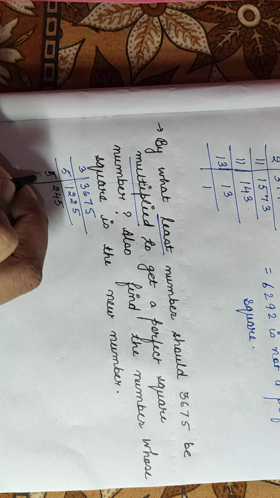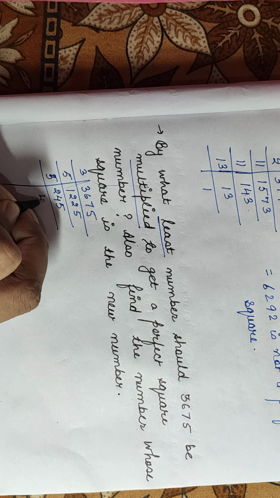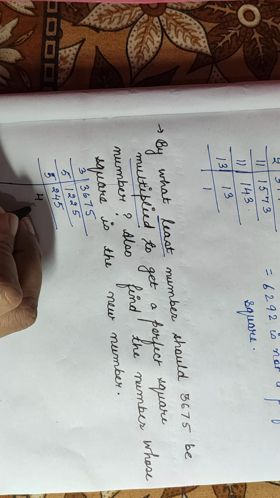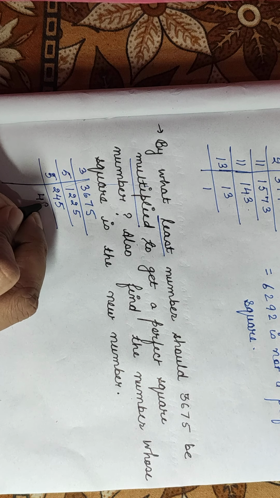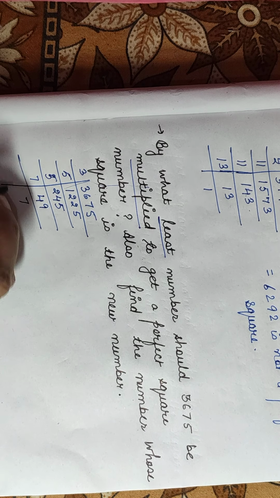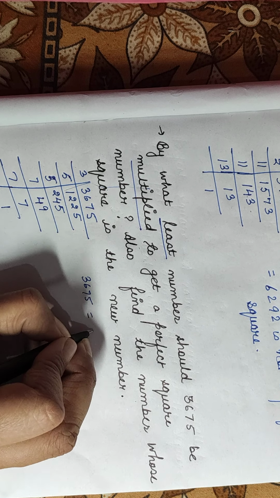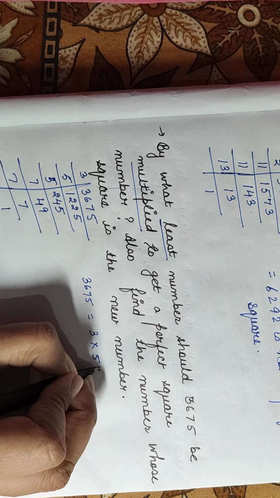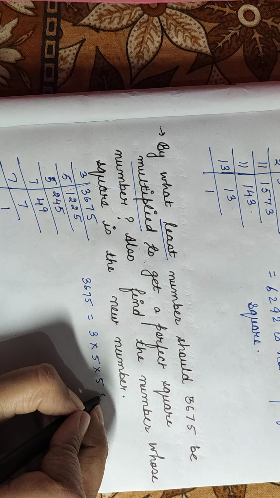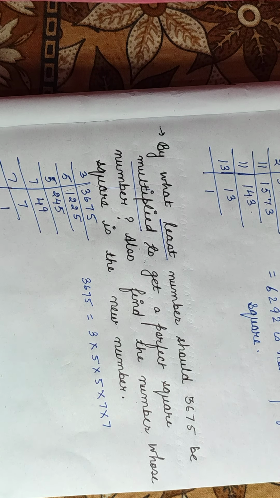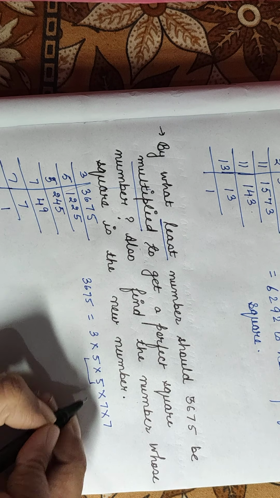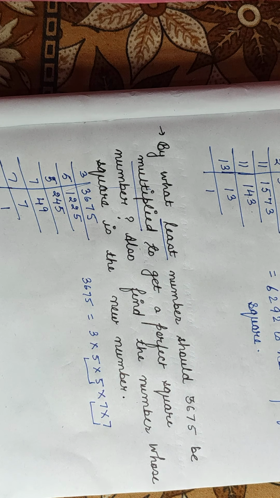Then again with 5, 5 fives are 25, 5 nines are 45. Then 7 sevens are 49, 7 ones are 7. So 3675 is equal to 3 multiplied by 5 multiplied by 5 multiplied by 7 multiplied by 7. As you can see, 5 has a pair and 7 has a pair, but 3 doesn't have a pair.